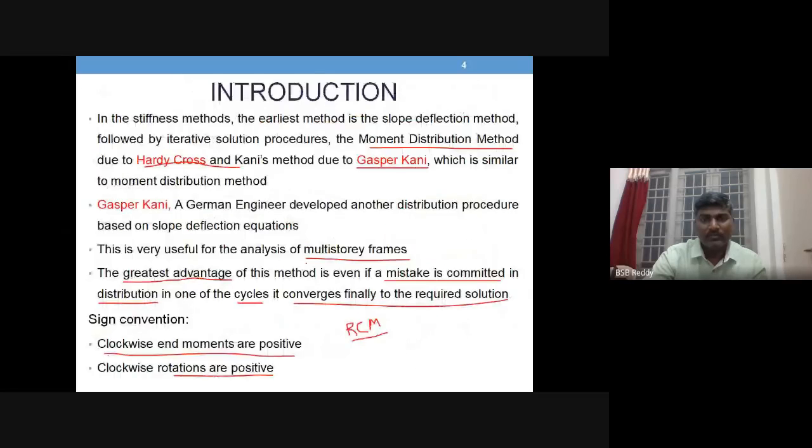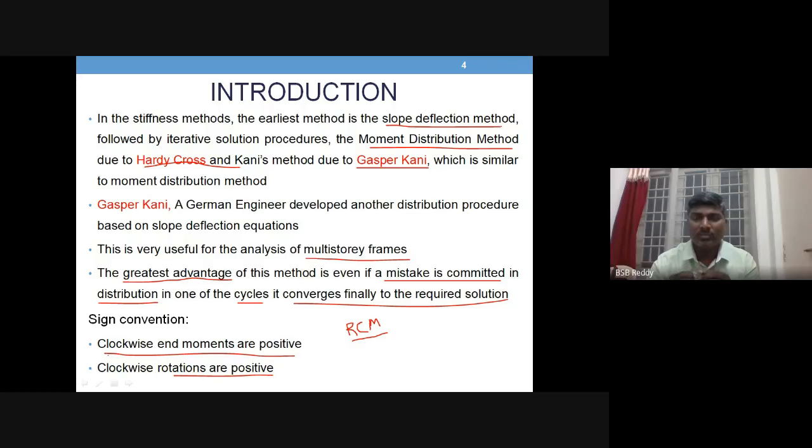So finally, if you just recall, Kani's method is another distribution procedure based on slope deflection equations only. The slope deflection method, the fundamental method, has been simplified by many scientists.